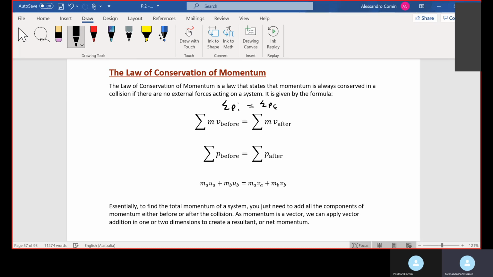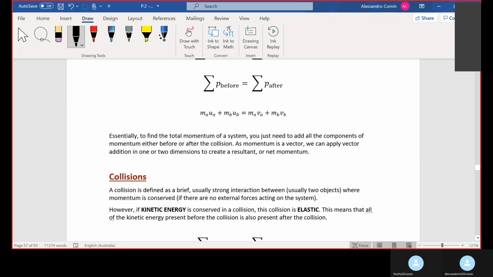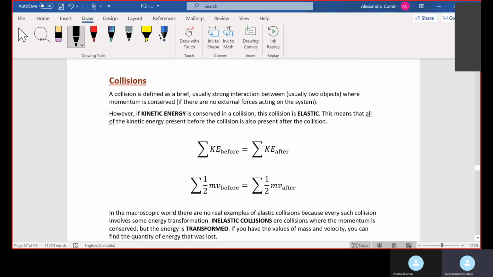And of course, you'll just rearrange for the quantity that we need, substitute, and we're done. So these questions are concerned with collisions, and there's a main type of collision that we like to talk about. A collision is defined as a brief, usually strong interaction between usually two objects where momentum is conserved if there are no external forces acting on the system.